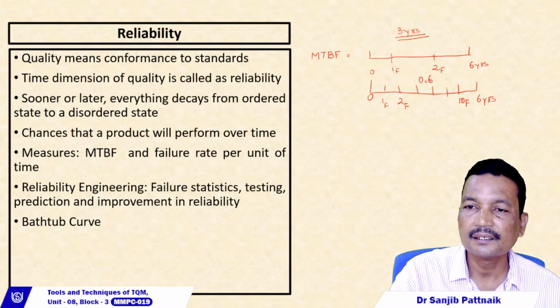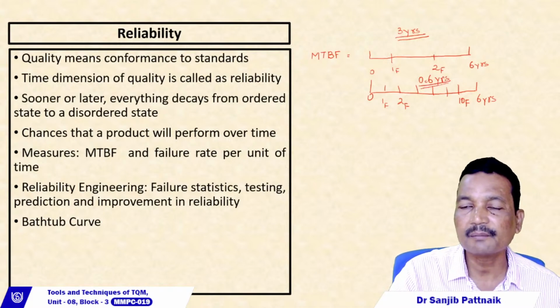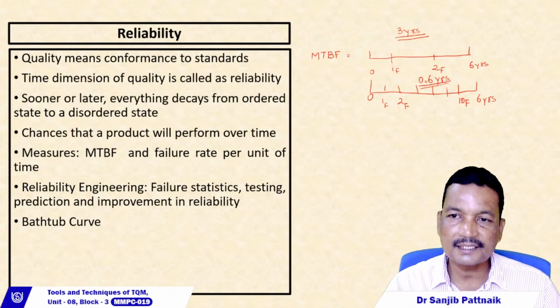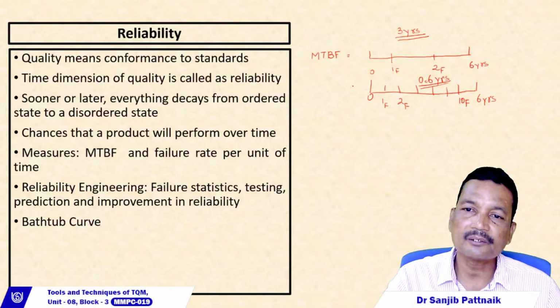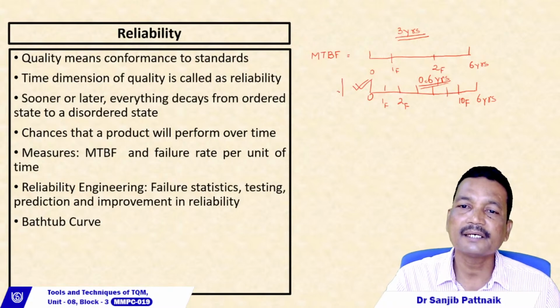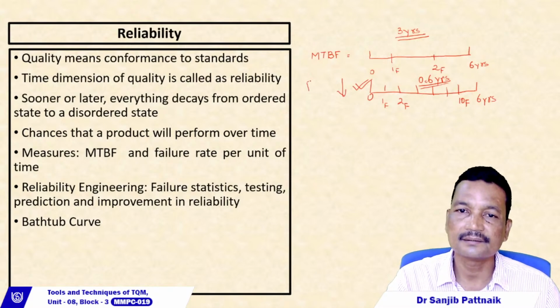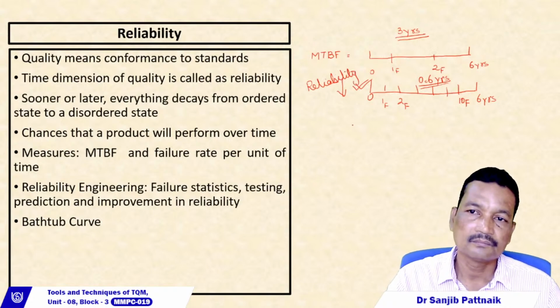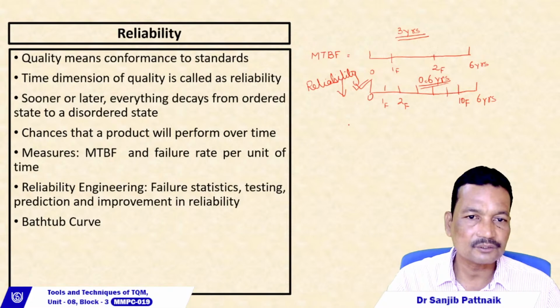Every 0.6 years, the item is developing some kind of trouble. What do we understand by it? Now this particular product is a troublesome one. Reliability is less. The more number of failures we get, the less is the mean time between failures.